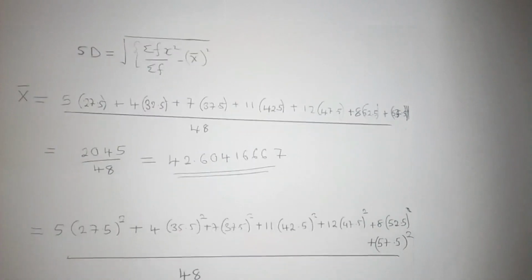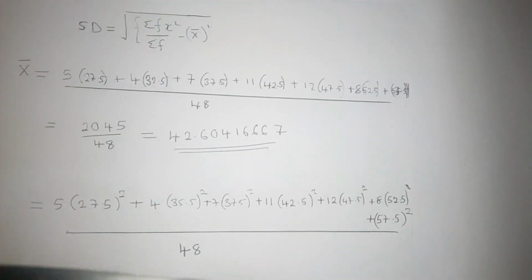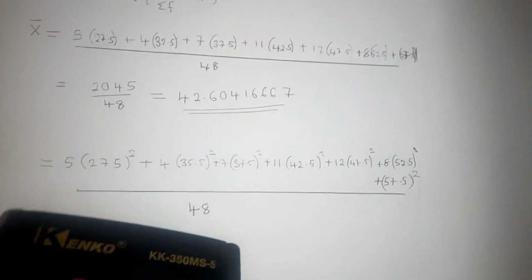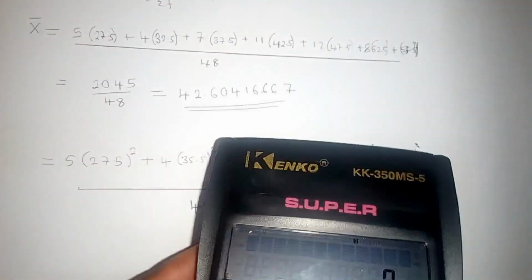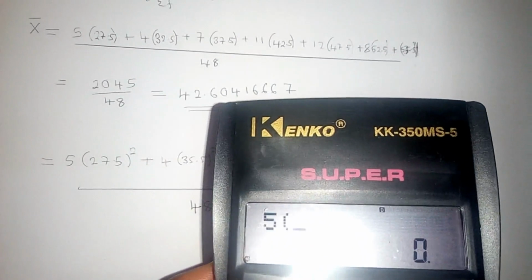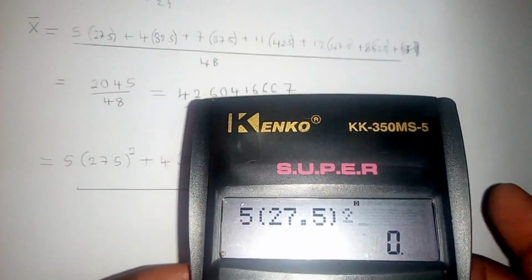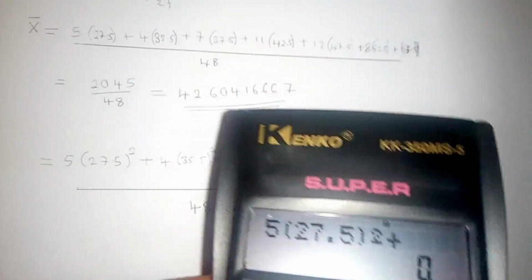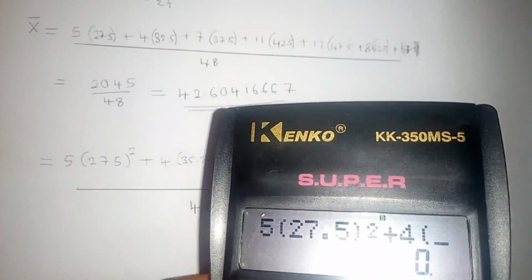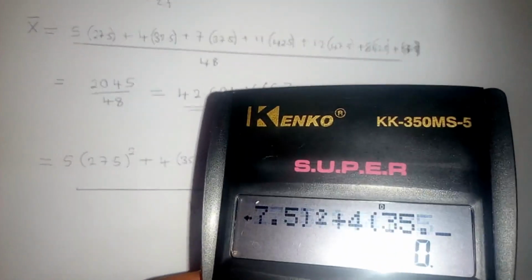So you put power 2, and after putting, you get your calculator. You can start copying. So the first one is 5, open 27.5 squared. You put a squared here, power 2 plus 4, open 32.